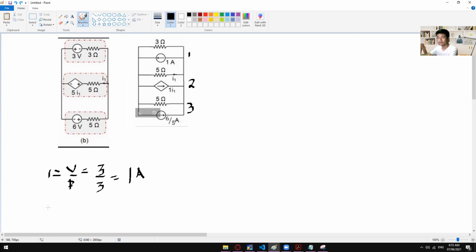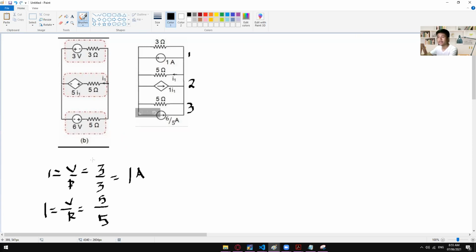For the next one, case number two, the same: I is equal to V divided by R. Voltage is 5, and resistance is 5 also. But take note, this voltage right here will depend on the current.